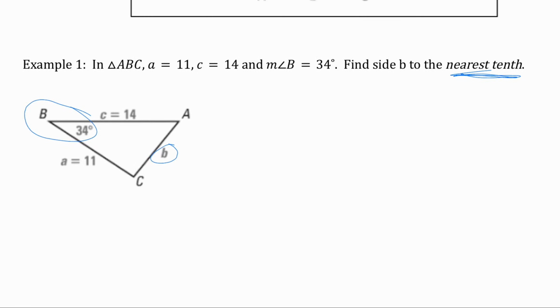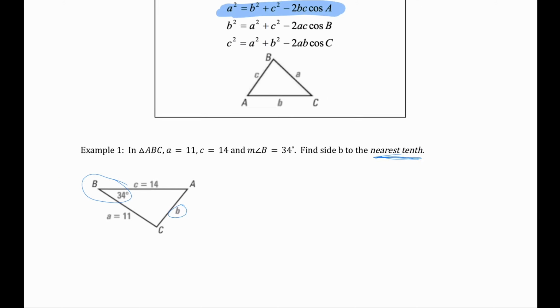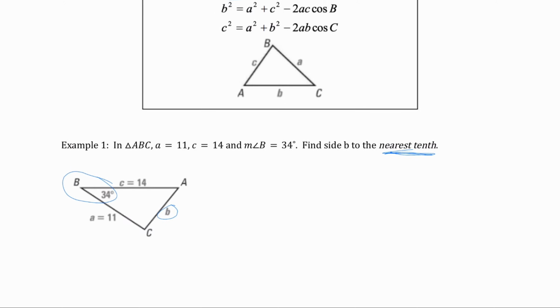Since I'm trying to find side b, I'm going to use that middle equation: b squared equals a squared plus c squared minus 2ac times the cosine of angle B. So in our case, b squared equals 11 squared plus 14 squared minus 2 times 11 times 14 times the cosine of angle B, which is 34 degrees.